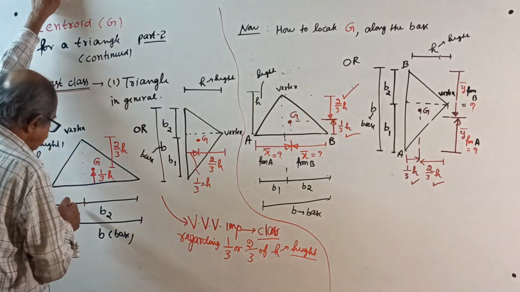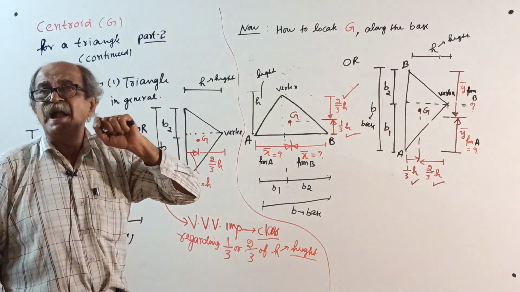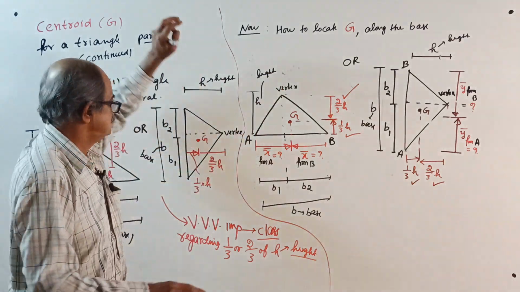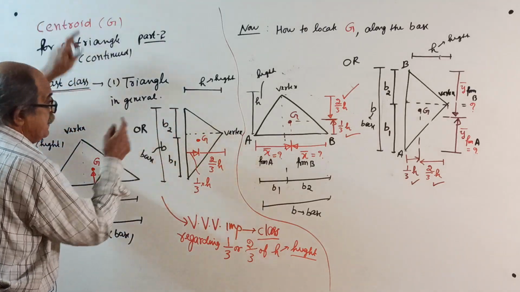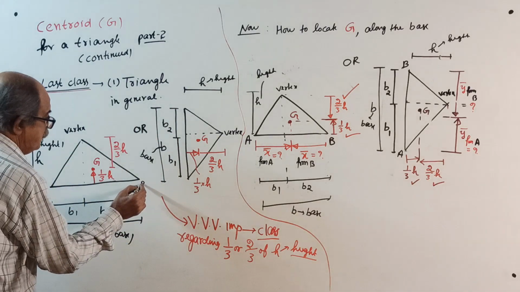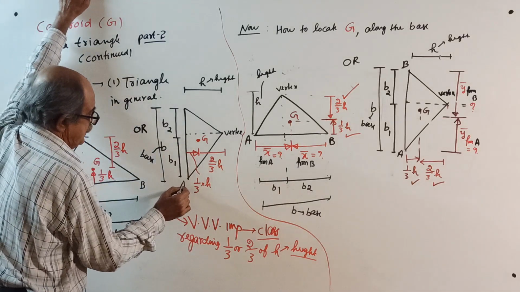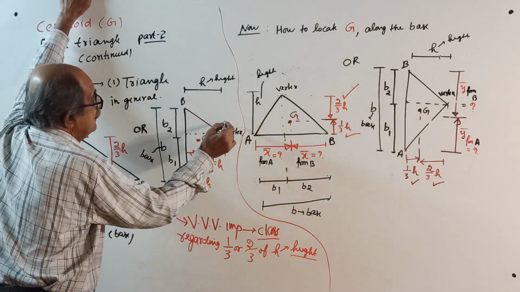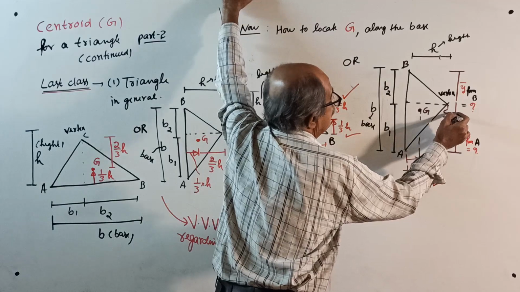Which is bigger and which is smaller does not matter now; it matters later, I will tell you. I will take the point A here, point B here, and C is the vertex.